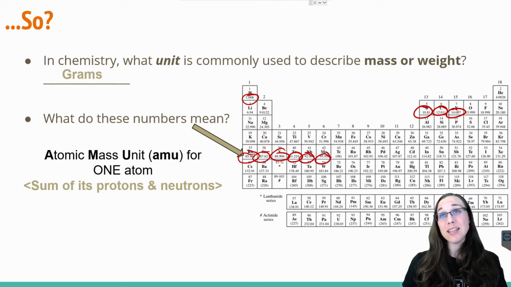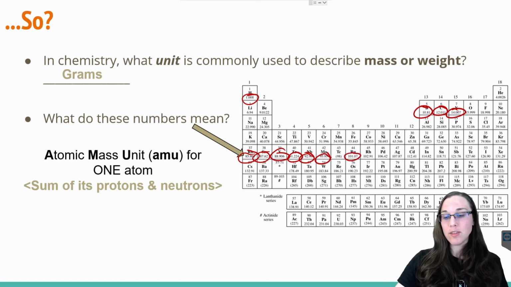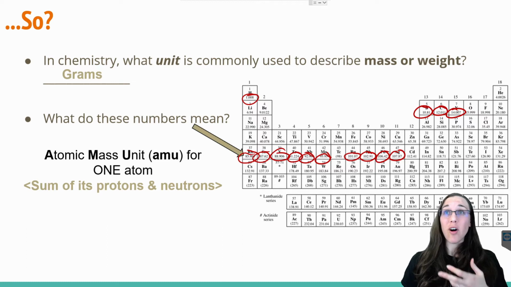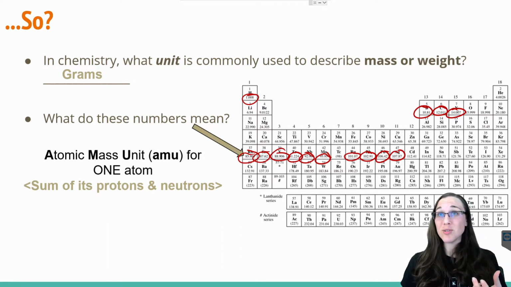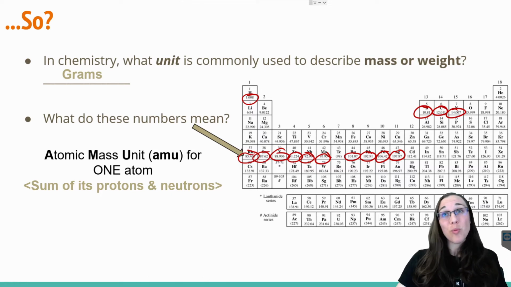So when you see that bottom value for all of these different atoms, that's the average of all of their isotopes, the protons and neutrons all added together, of naturally occurring variations of these elements. That's the overall average of what one atom of X, Y, or Z would weigh in atomic mass unit format.